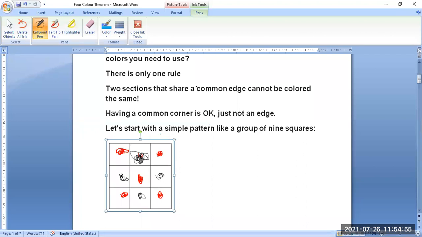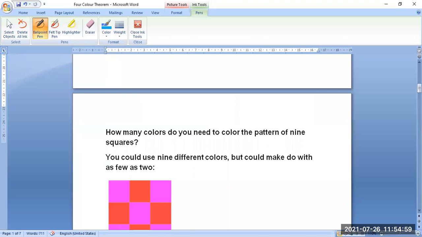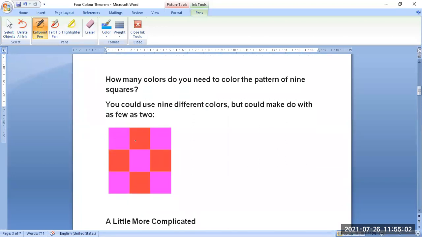Yes, sir. So look here, they are filled with these two colors. There could be 9 different colors, but we could make do with two colors as follows.